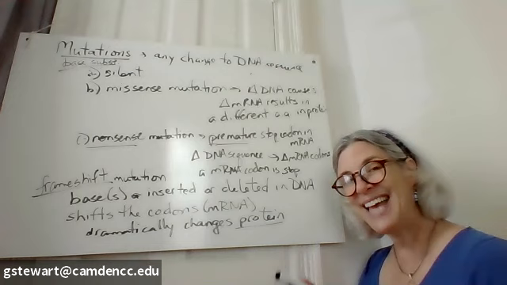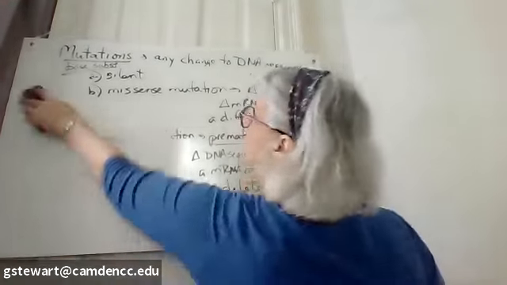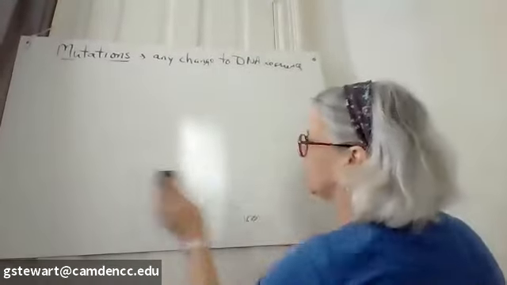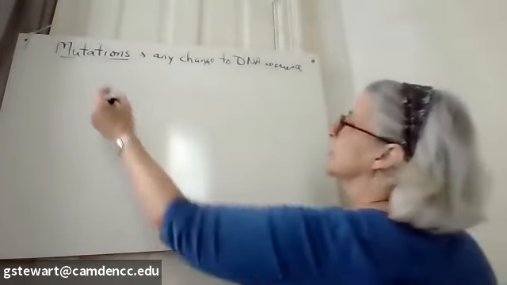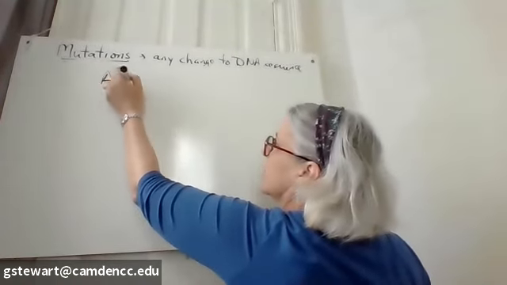Okay, and that test for mutations is called the Ames test. So I'm going to erase it again, but it still kind of comes under the big category of mutagens or mutations. So, Ames test.